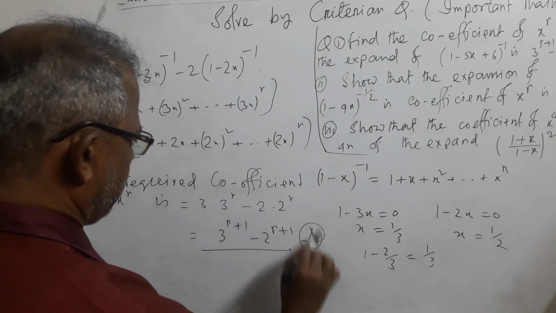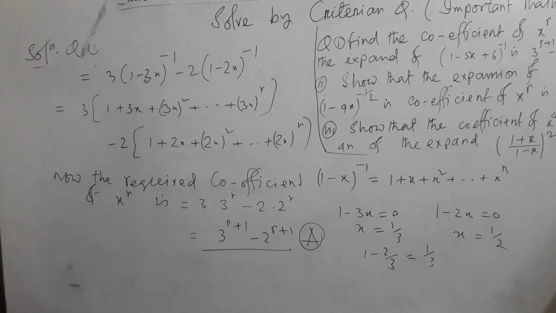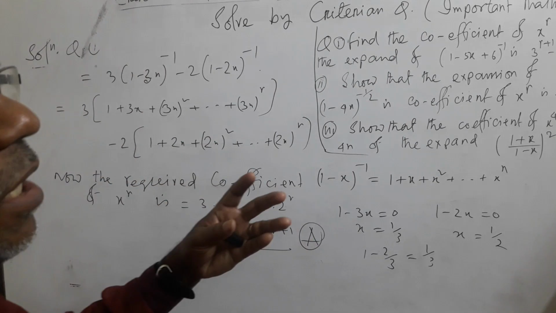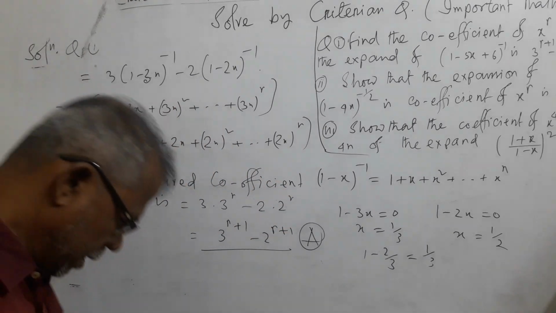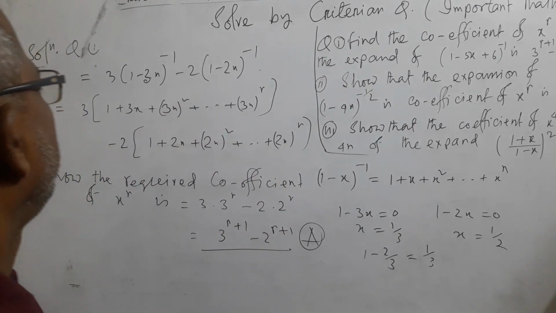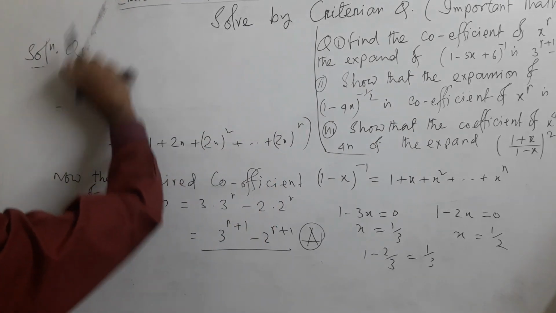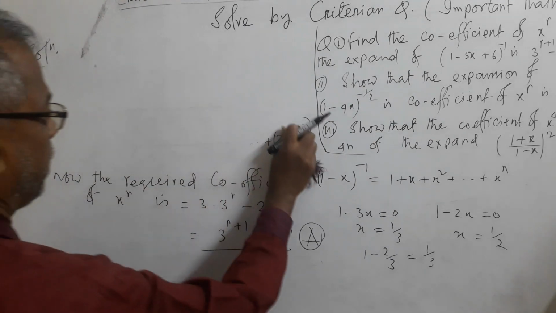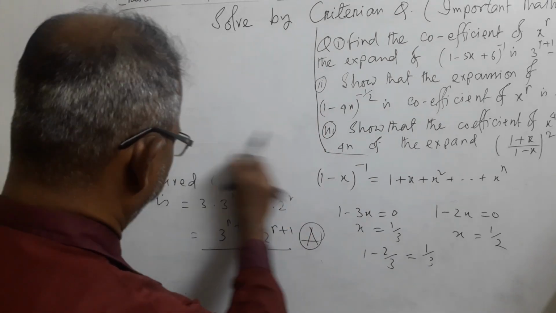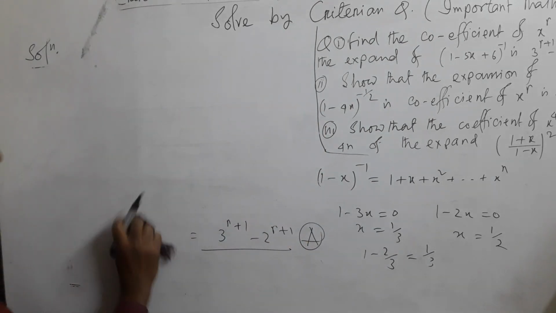This is the result, and you have to advance day after day, deeply. It is the easiest, but you have to practice; if you do not practice deeply, you will not collect good marks.